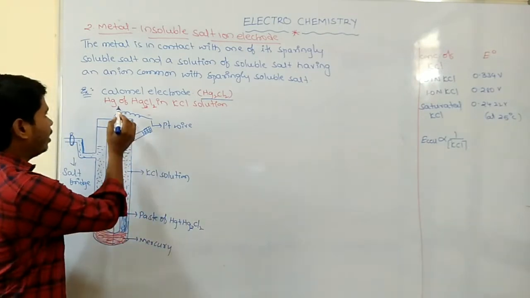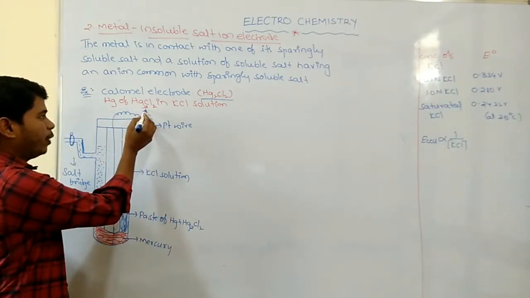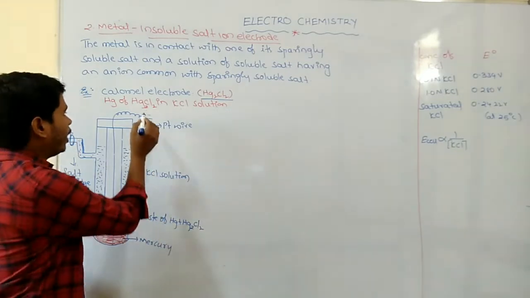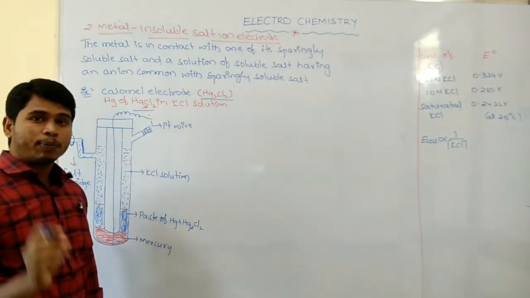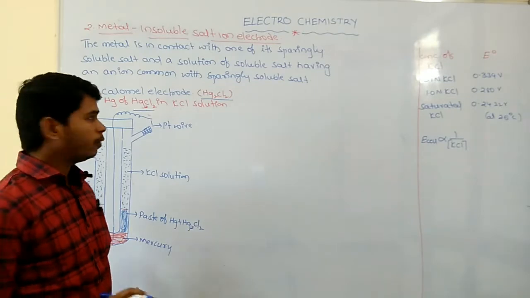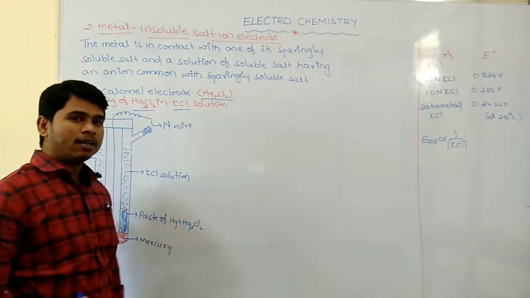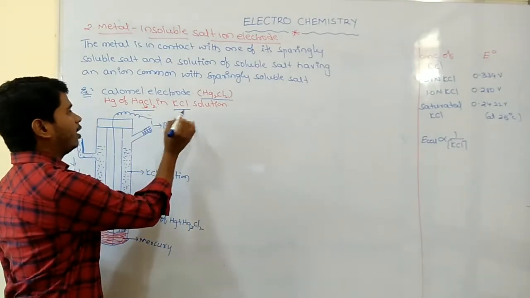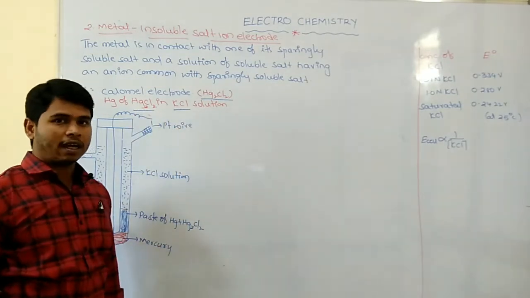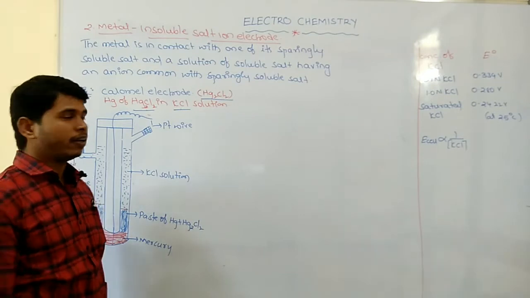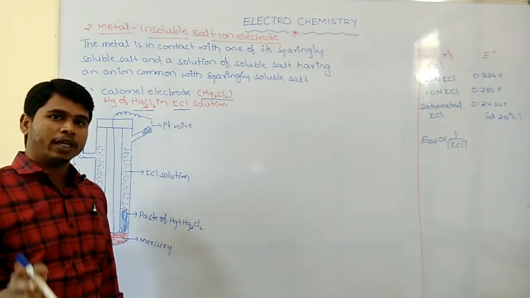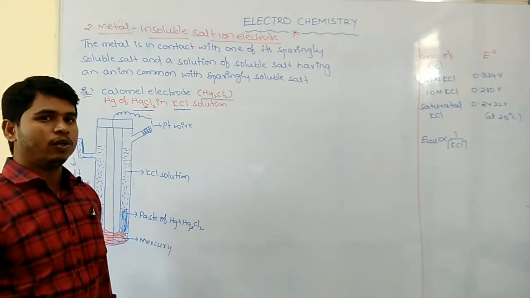And here the mercury is in contact with the mercurous chloride and KCl solution. The mercurous chloride is a sparingly soluble salt and KCl is a soluble salt, and these two salts have a common anion, here Cl minus, in both types of salt solution.